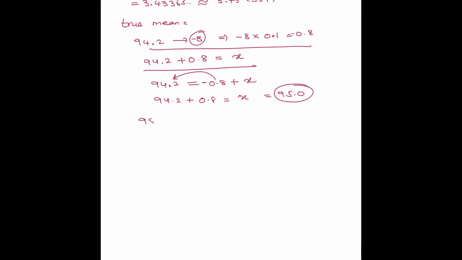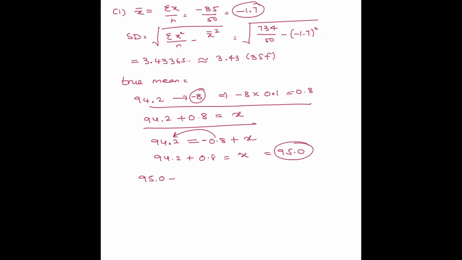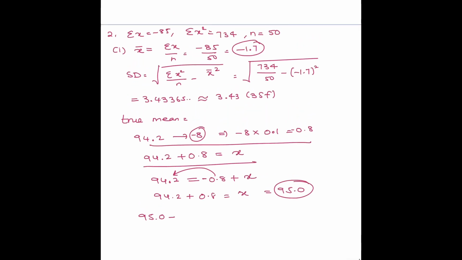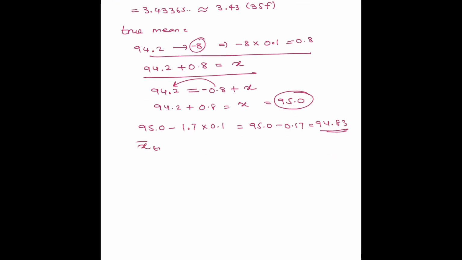So the true mean is 95.0 minus negative 1.7. But remember, this is the assumed mean, so we have to work it out to the nearest 0.1. So negative 1.7 times 0.1: 95.0 minus 0.17 is 94.83. So the true mean, x bar true, is 94.83.